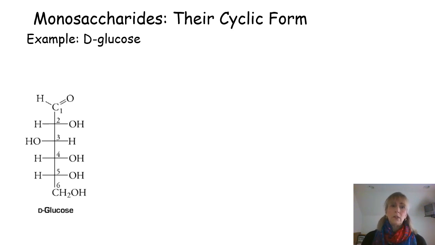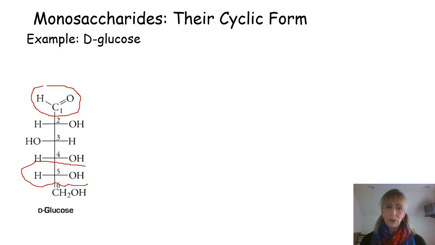So keeping in mind what we said about forming a hemiacetal, an aldehyde and an alcohol, look what we have here. We have an aldehyde and we have an alcohol, forming a 5 or 6 membered ring.